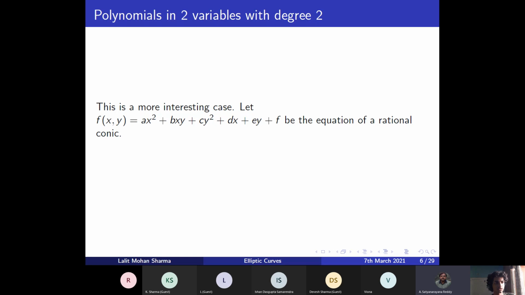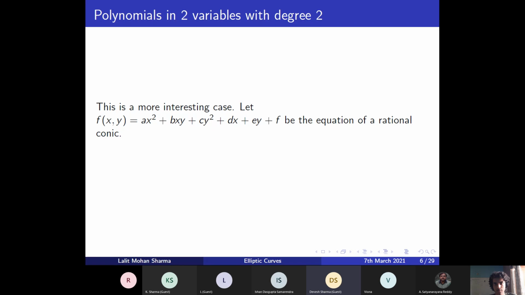So we just have this equation of a rational conic. All the coefficients are rational numbers, and we're looking for rational x and y such that f of x comma y becomes 0.